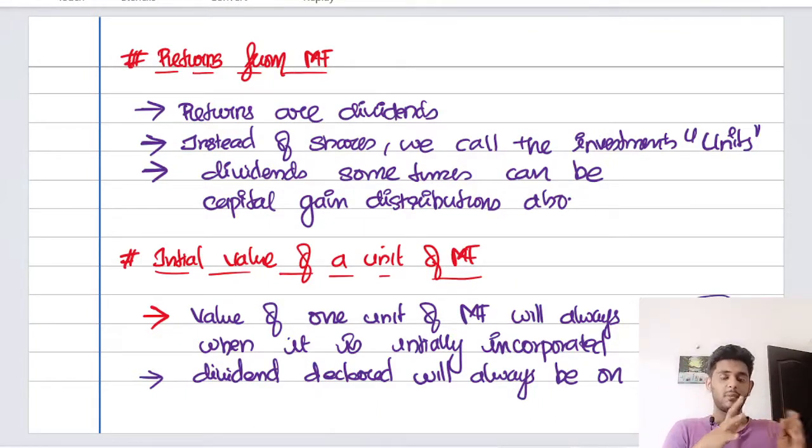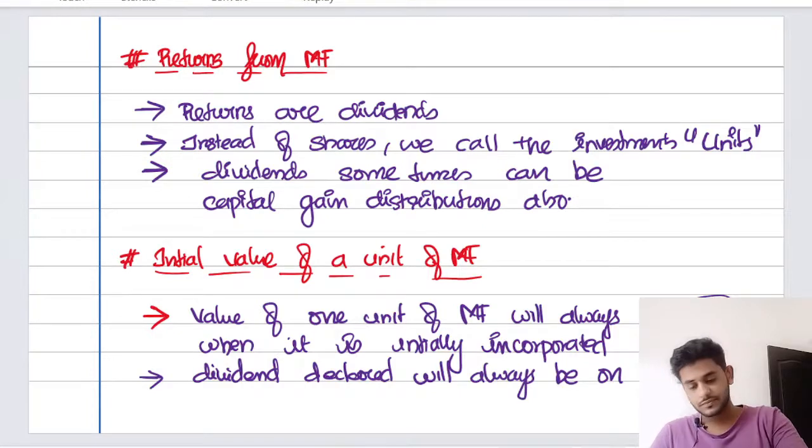You may already be aware, because in case of shares also we calculate the dividend based on the face value, the initial value. That is what applies here also. If the mutual fund house is declaring a dividend of 20%, we'll be calculating the 20% on the basis of 10 rupees. That is, 10 rupees into 20% will be your dividend amount, and it is per unit value.